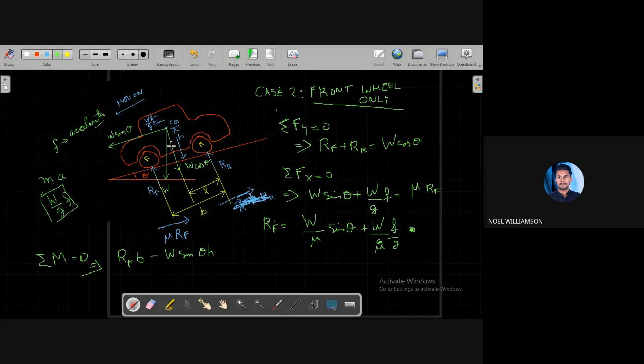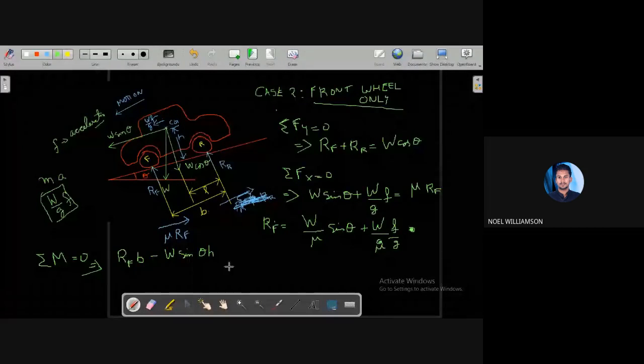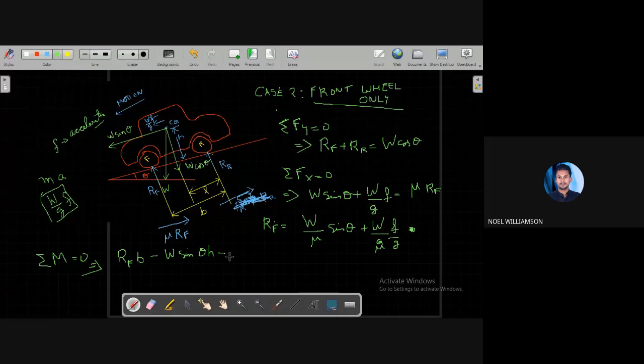Then the inertia force W by g into f, which is at a distance H. That is also in the counterclockwise direction, so we are using a negative sign, minus W by g into f into H. Then W cos theta, which is at a distance L from this point, that will be in counterclockwise direction.